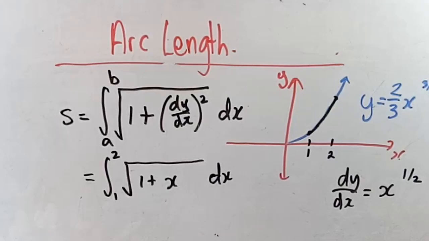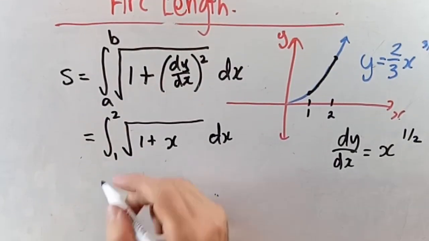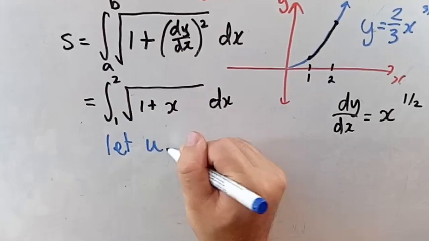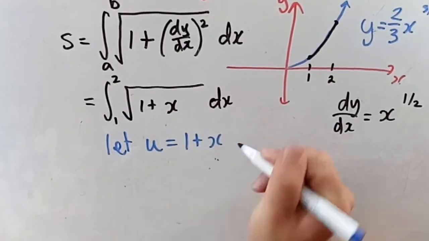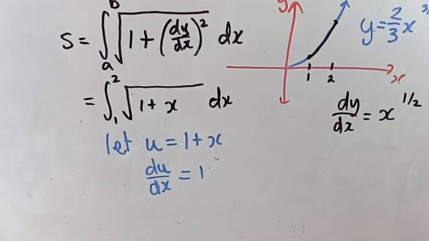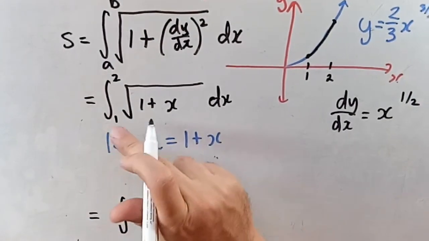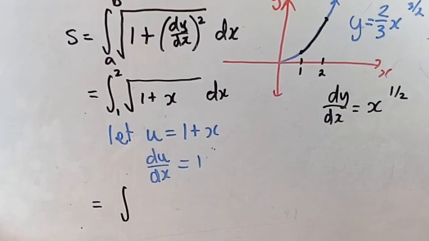Okay, so let's do a little substitution here. Let u equal 1 plus x, so du/dx is equal to 1. That's nice. I can just make the substitution. But remember, when I make the substitution with a definite integral, I'm going to change these limits here.